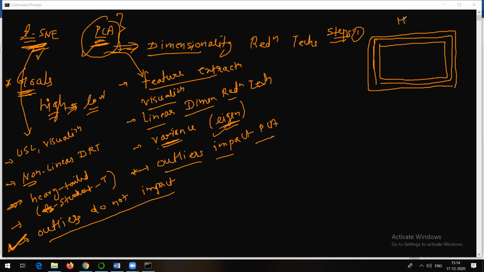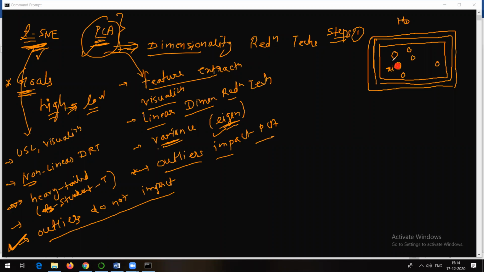It's your high dimensional data, and suppose it looks something like this. These are your data points, somewhere here, here, and here. Suppose this point is xi. Now t-SNE converts high dimensional Euclidean distances between data points into probabilities.